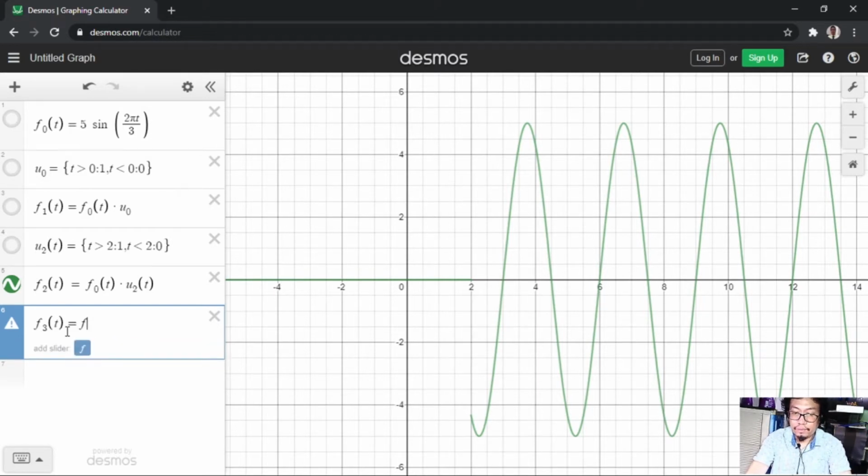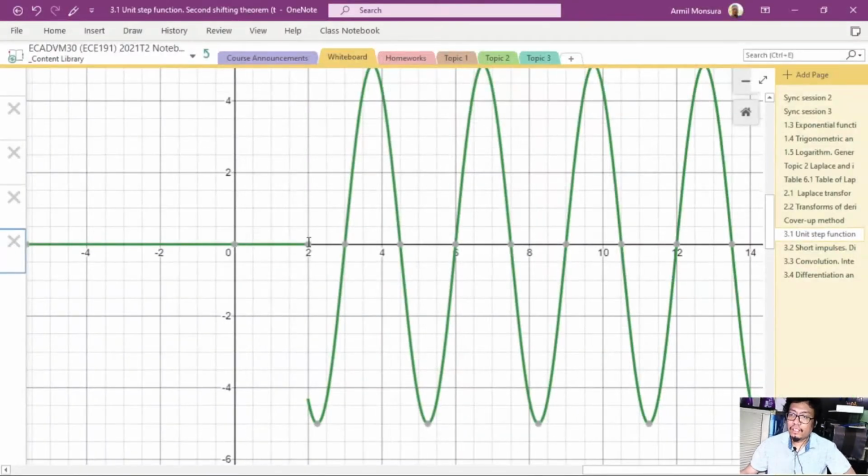Let's try if Desmos would accept my functional notation. Apparently not. So what I would do is subtract a certain number here, which would allow me to specify how much delay I would want my signal to have.